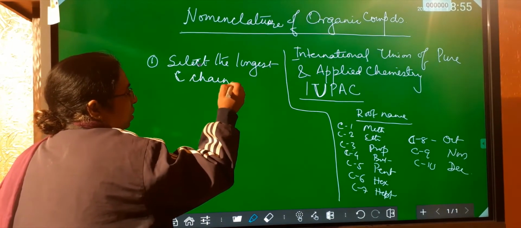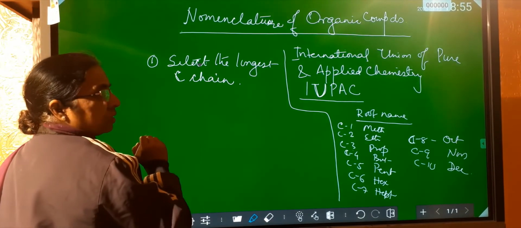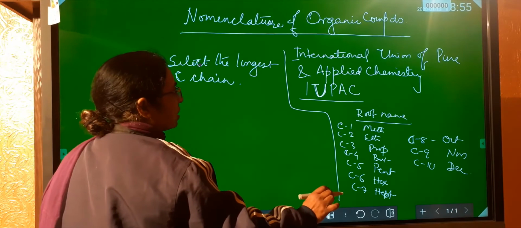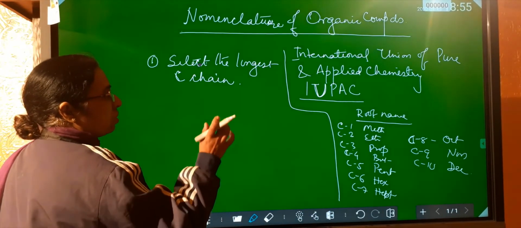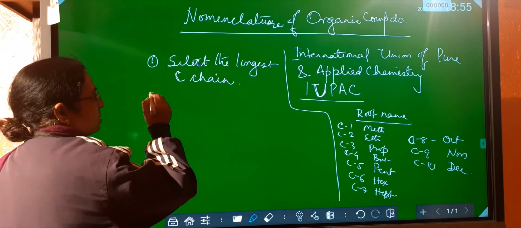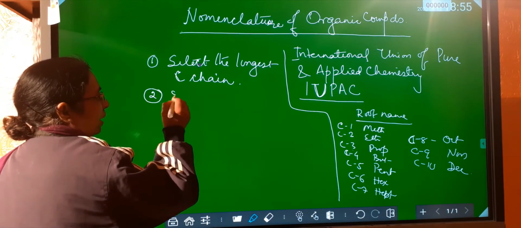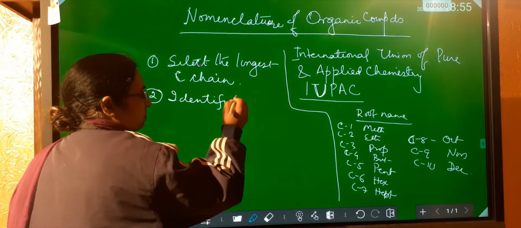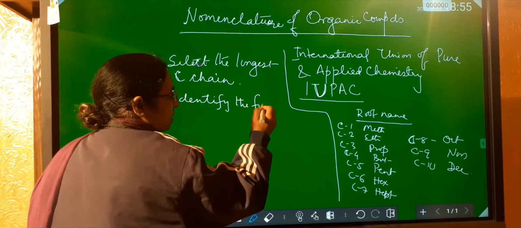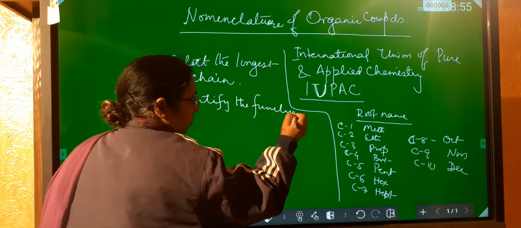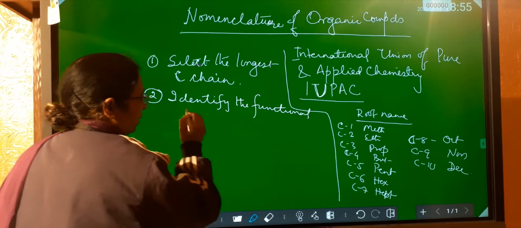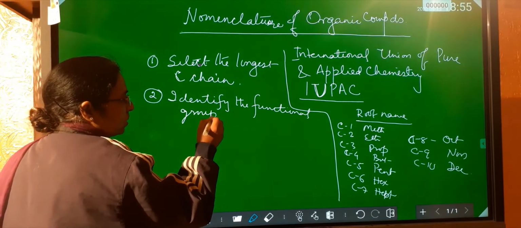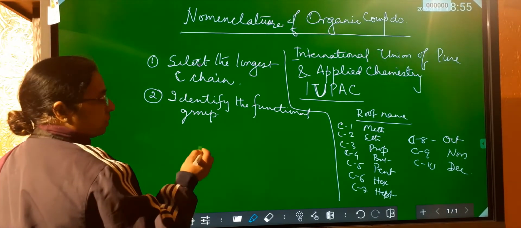Select the longest carbon chain in the compound. Whichever way the carbon compound is given, we should select the longest carbon chain. Now identify the functional group which is attached to this chain.